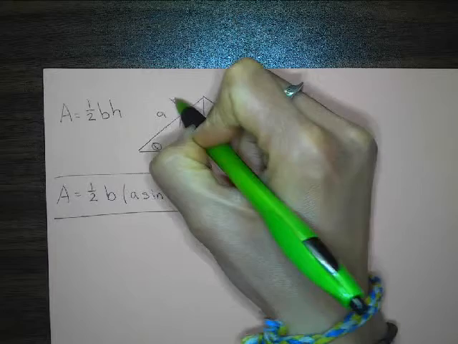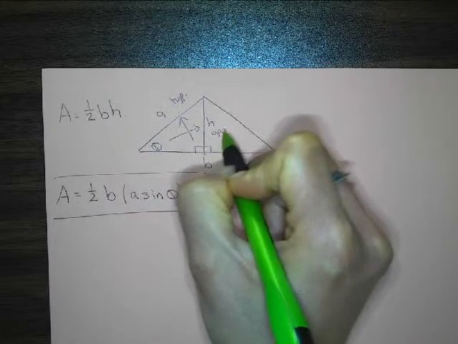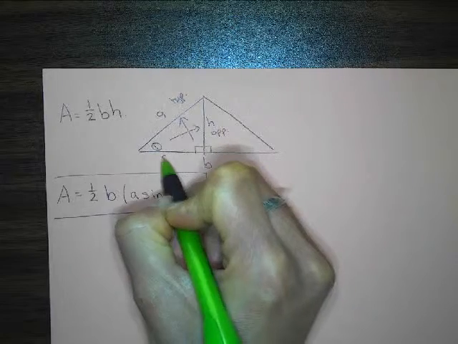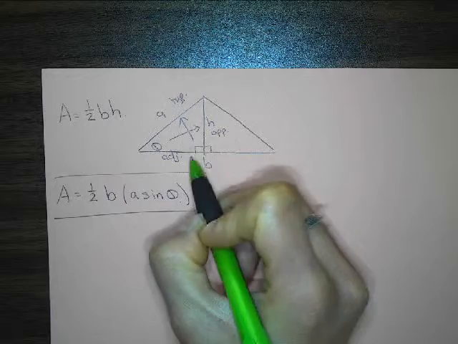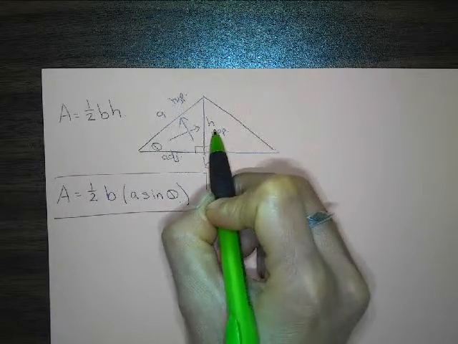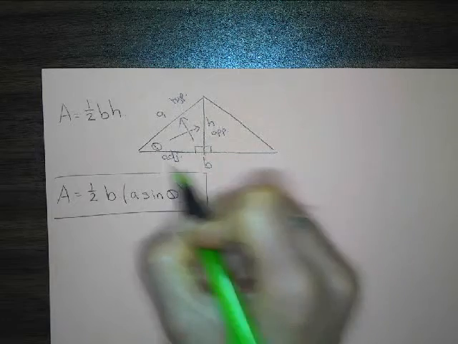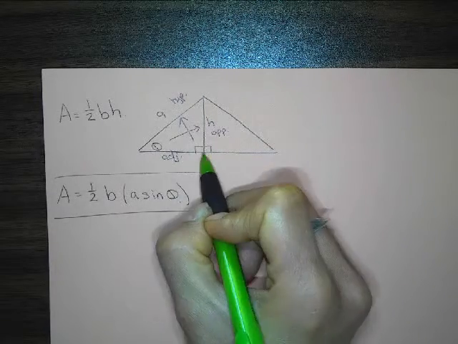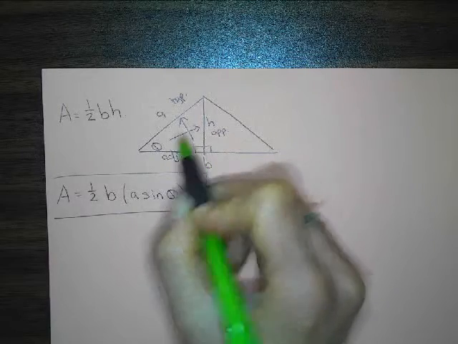So across from that is my hypotenuse. Across from my angle is the opposite side, which means this down here is the adjacent side. So if I'm looking at what I have, the opposite side and the hypotenuse, I can't use B here because that's the whole thing, and I don't know what just this bottom half is, or this piece. We don't even know if it's half.